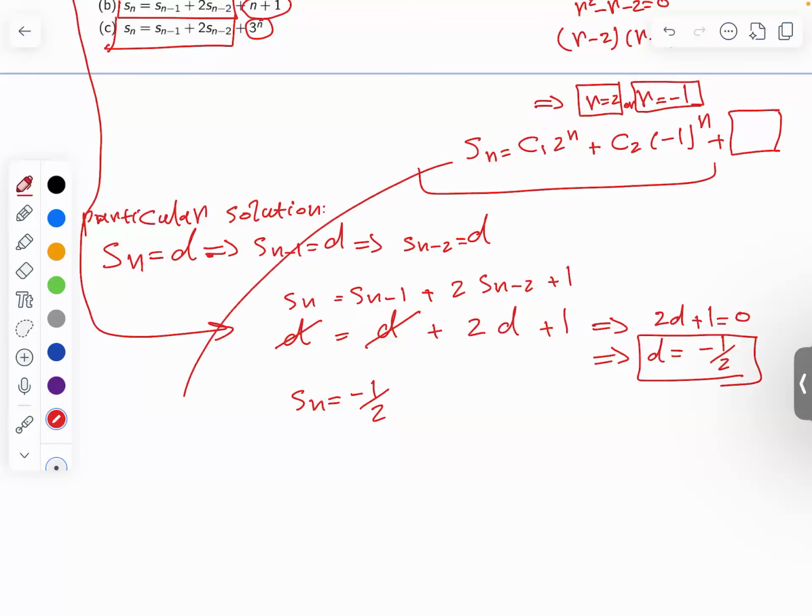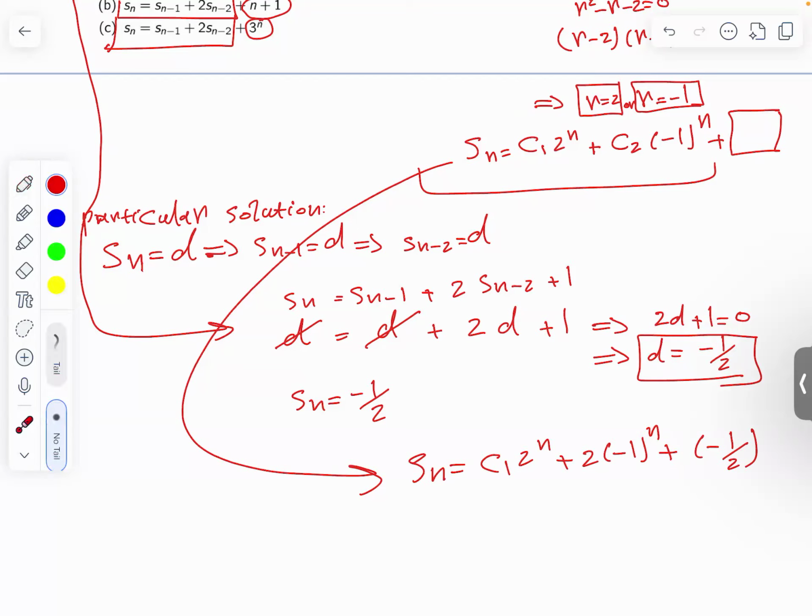From here, the general solution for the non-homogeneous equation will be Sn, the homogeneous part, plus the particular solution. Then we will see it will affect here D plus 2D plus 2.